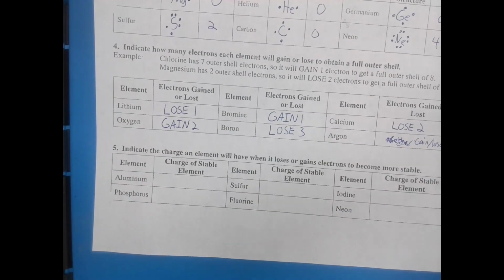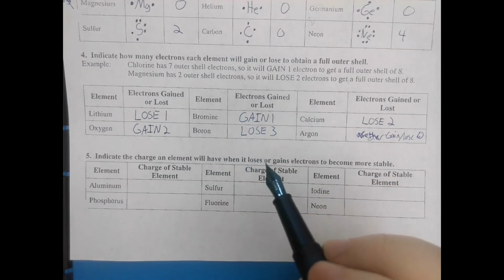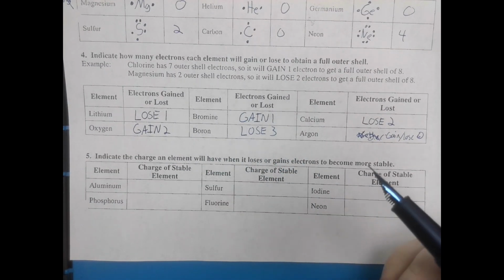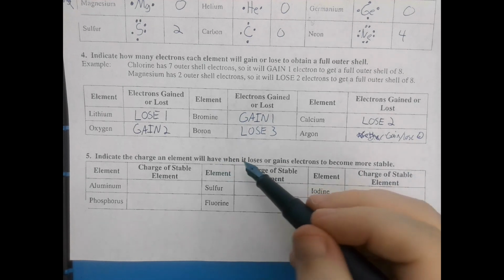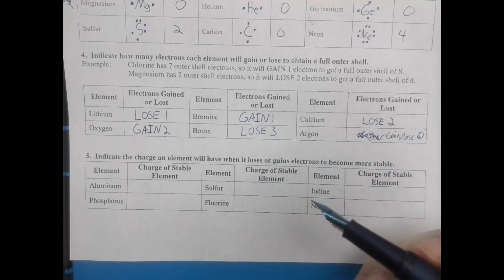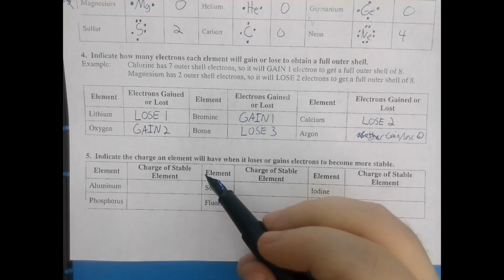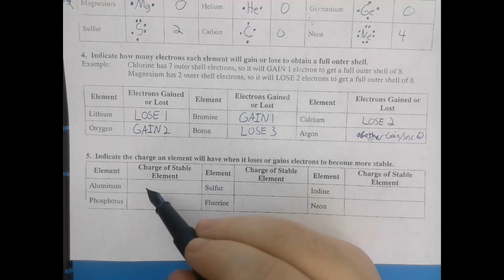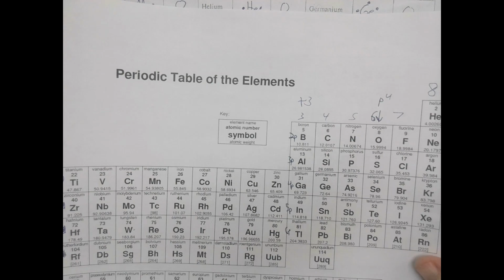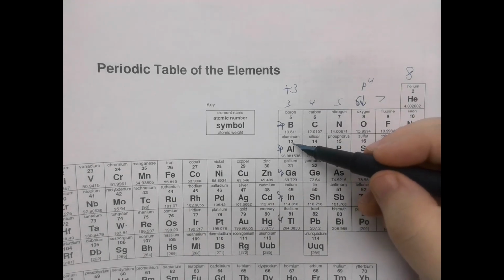On number 5, indicate the charge an element will have when it loses or gains electrons to become more stable. So aluminum has 3 valence electrons.